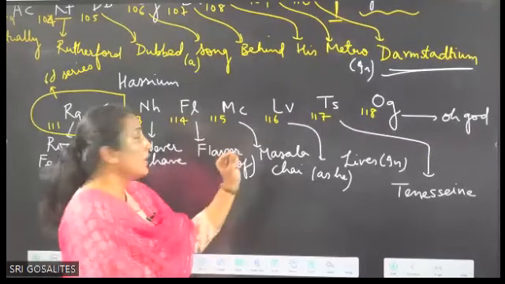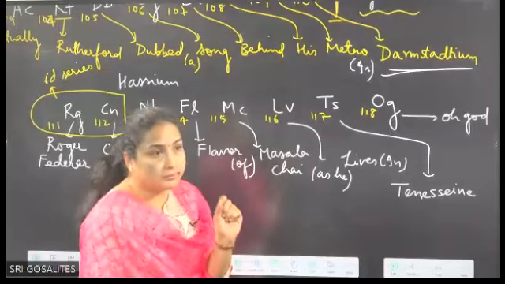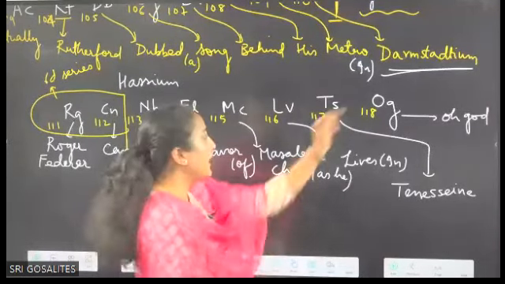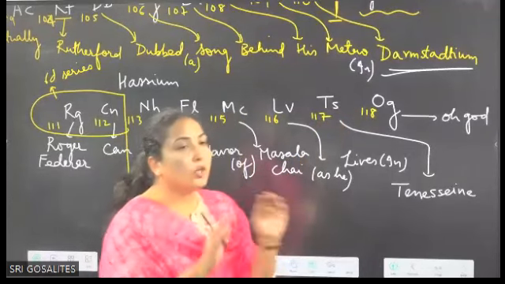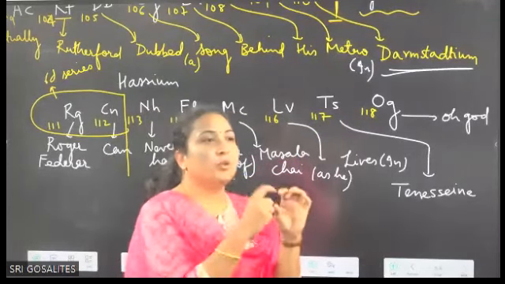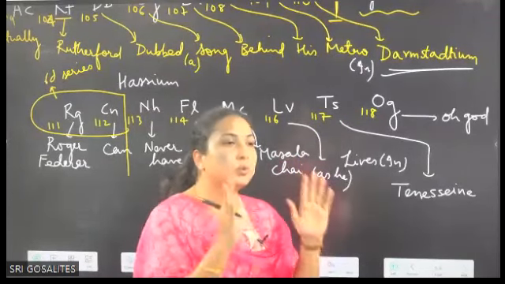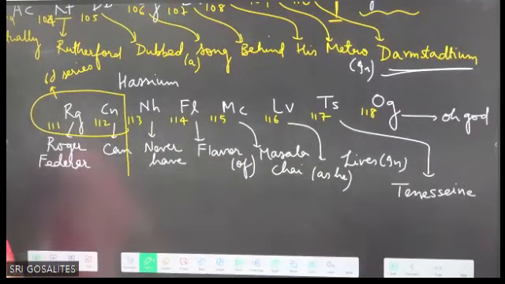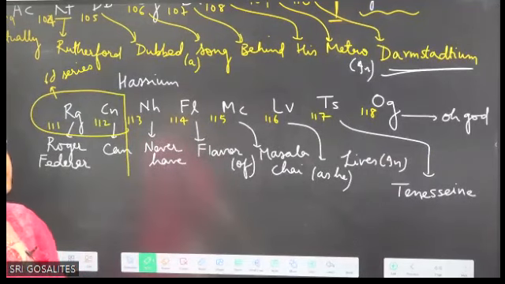Moscovium, Mc. Lv is Livermorium, right? Then you are having Tennessee, right? And again, Oganesson. Need not worry about the names of the new elements. Eventually, you will remember, okay? Tennessee and Oganesson. Are we done?